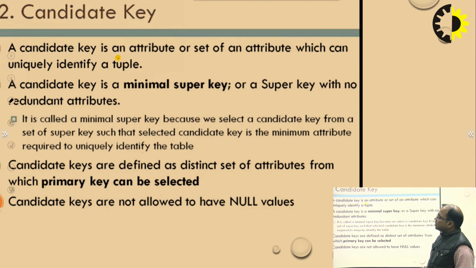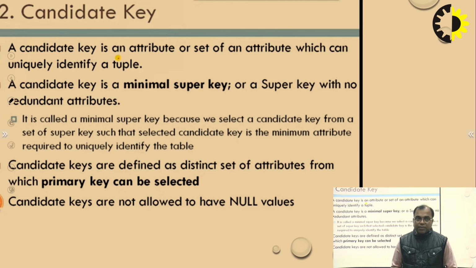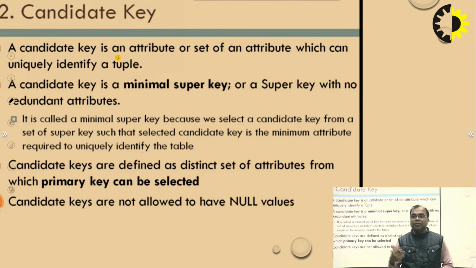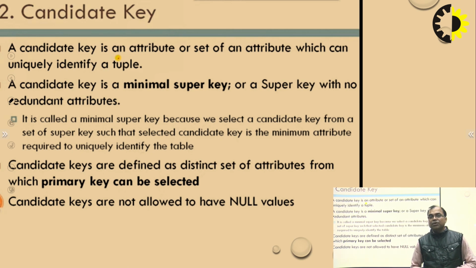It is an attribute or set of attributes which uniquely identify the tuples. Means candidate key कि क्या हो सकते हैं, या तो कोई एट्रीब्यूट हो सकता है, और या वी कैन हैव अ कॉम्बिनेशन ऑफ एट्रीब्यूट्स. हमने अभी देखा we have a combination of attributes to find a key. So a candidate key is an attribute or set of attributes which can uniquely identify tuples.